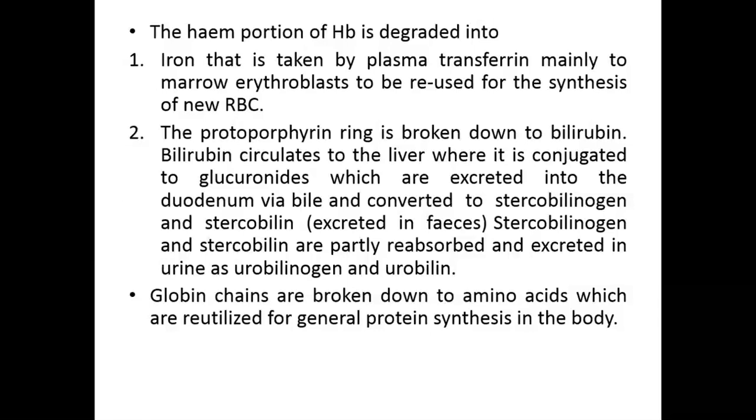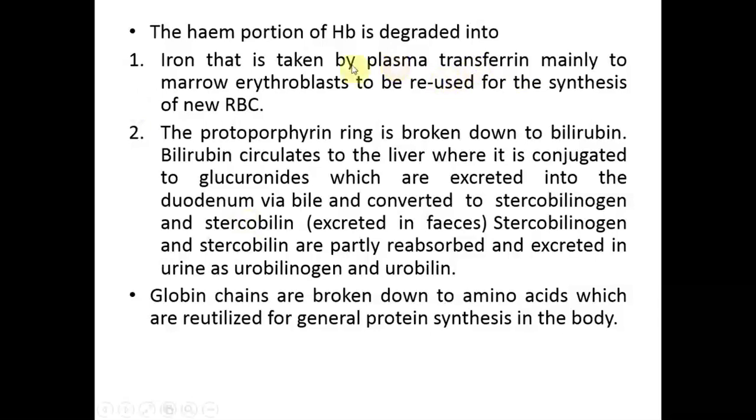As we said, it mainly contains hemoglobin, so I'm going to talk about hemoglobin degradation. The heme portion of hemoglobin, as we said, is a porphyrin ring with an iron atom in its center. First, iron is very precious, so it is taken by a protein carrier called transferrin in the plasma.